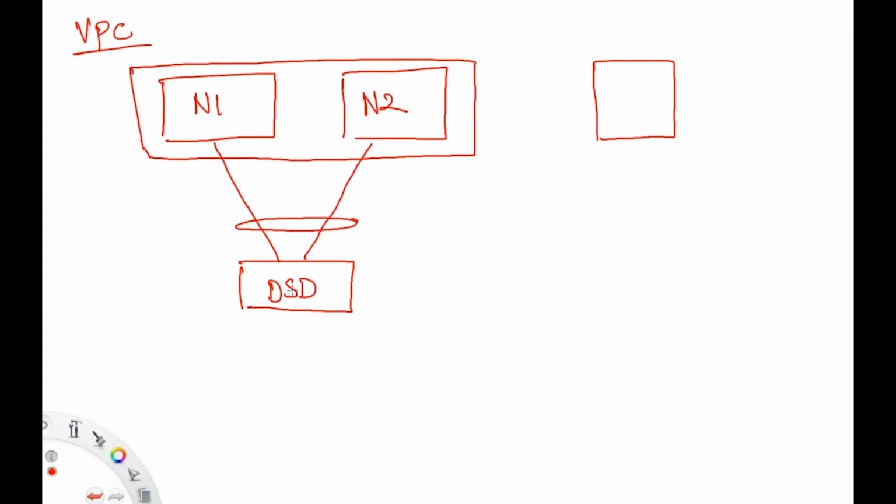Only then can the downstream device see N1 and N2 as a single logical switch. I hope everyone understood. VPC is a layer 2 Nexus technology where, when you configure it on two Nexus switches, they logically appear as one to your downstream device.